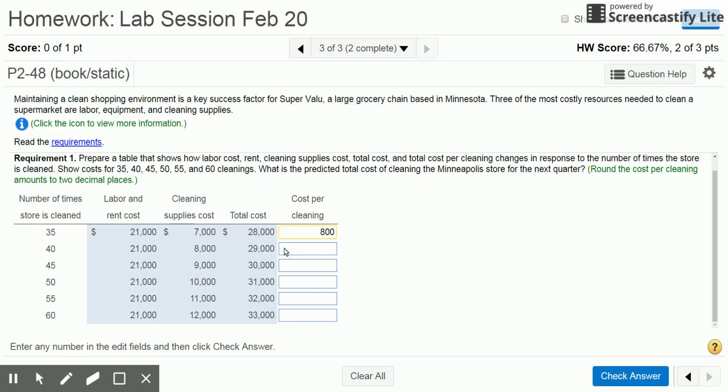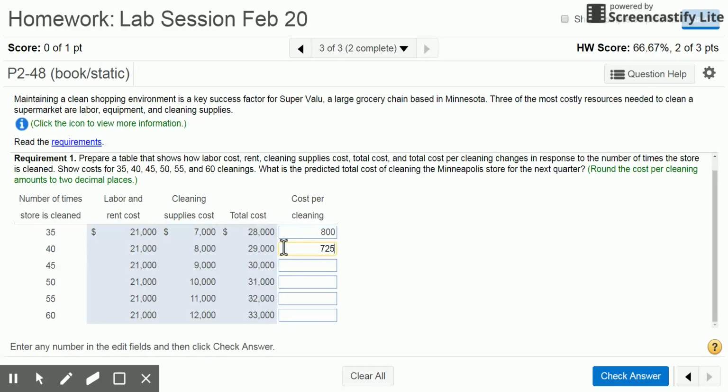So if you clean the store 35 times, you are spending $800 each time. But as we increase the number of times that we clean the store, the price for each cleaning decreases, because the fixed cost will be divided among more cleanings.